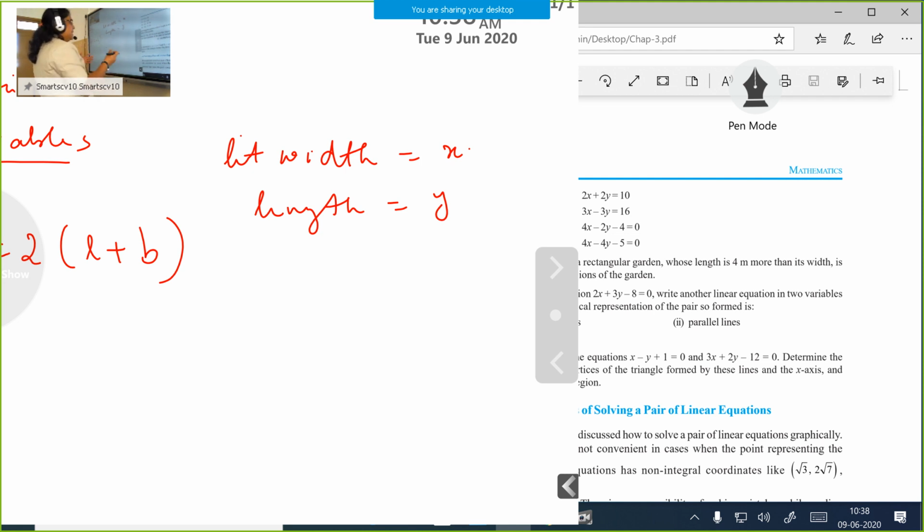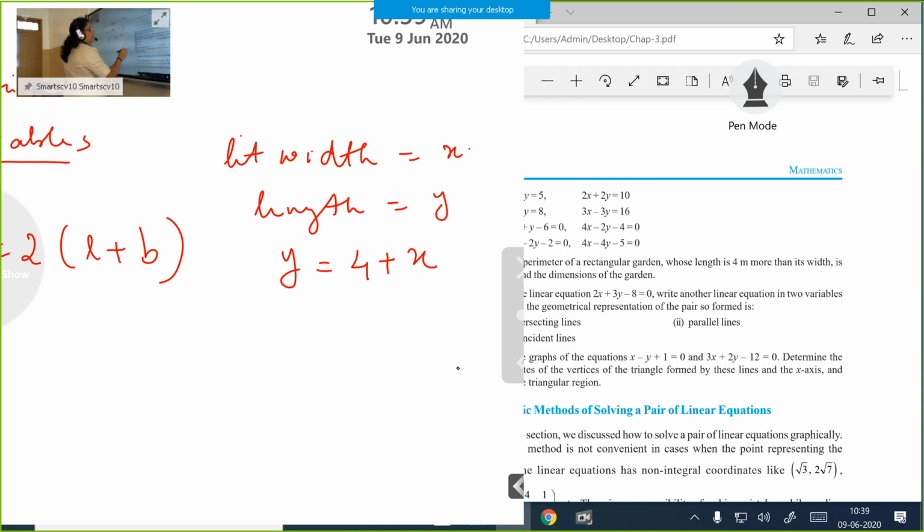Here we take width equal to x and length equal to y. According to our question, the length is 4 meters more than its width. Width is x, 4 meters more is plus 4. Clear?